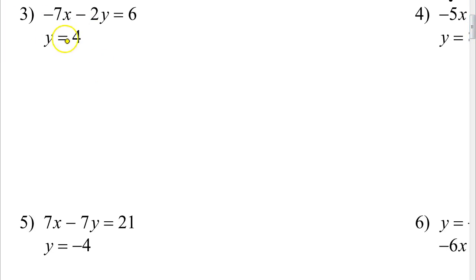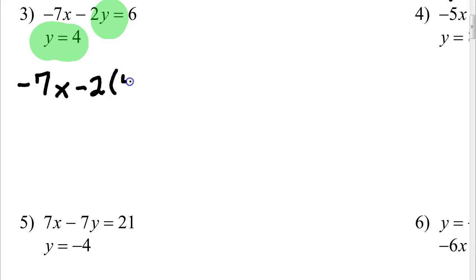Every time, this y equals 4 is the same as that y right there. Substitute it in. And if you wanted to, do it slightly differently, we already know half the answer. Y is 4.